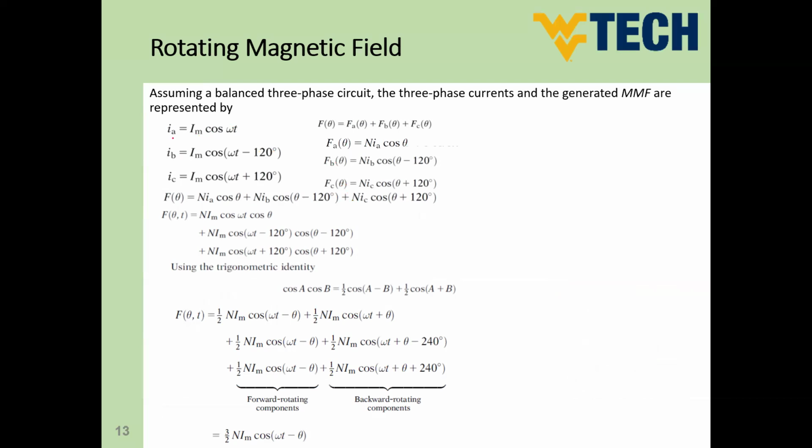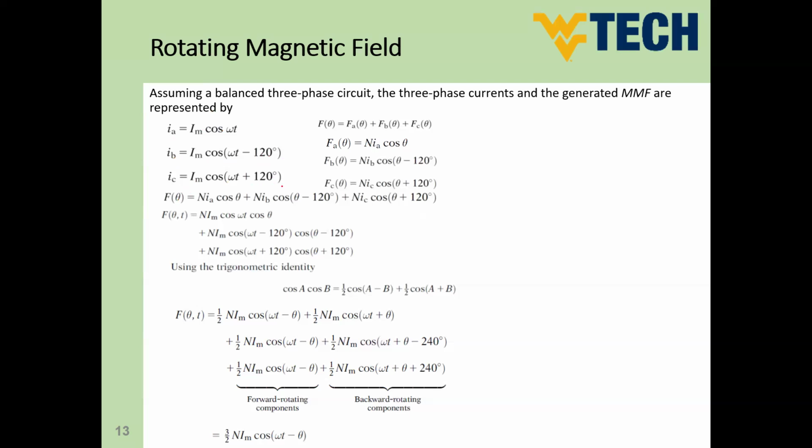It will lead to the same end of the derivation. So assume that we have IA equals I maximum cosine omega t. If we have positive sequence, which means phase A is at angle 0, IB is going to be at angle 120 in negative. So IB equals I maximum cosine omega t minus 120, and IC would be I maximum cosine omega t plus 120.